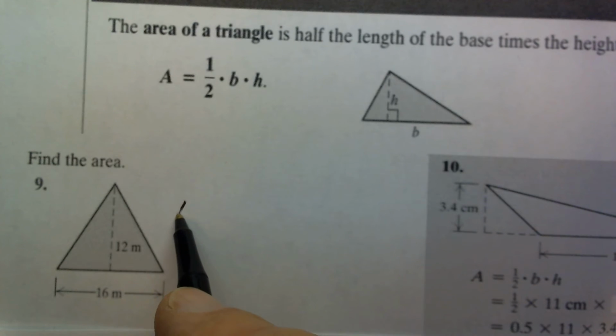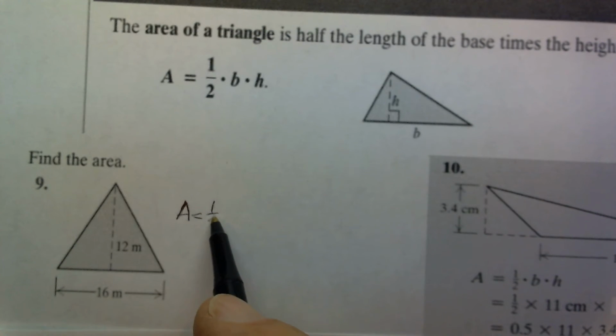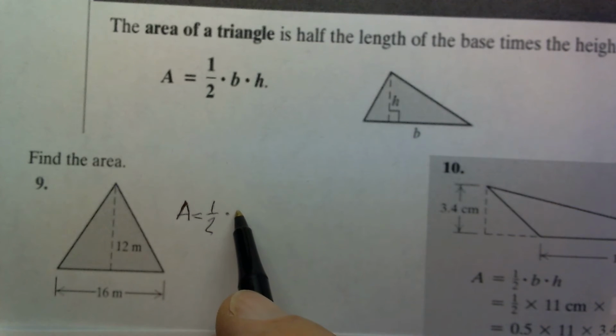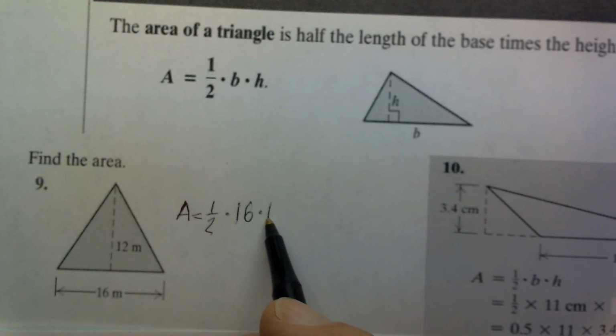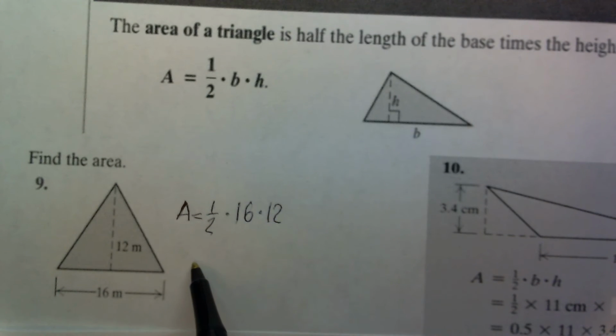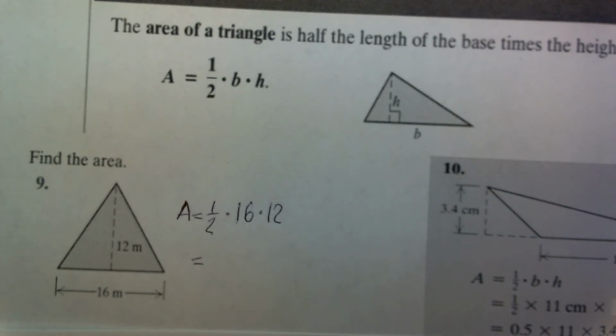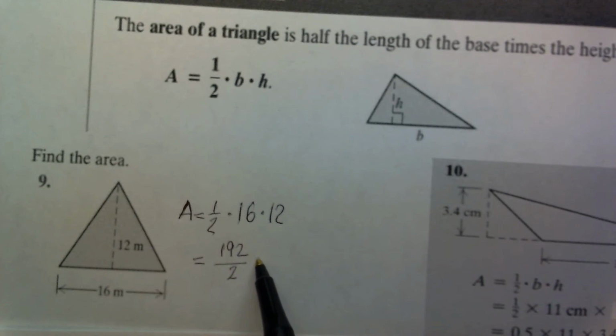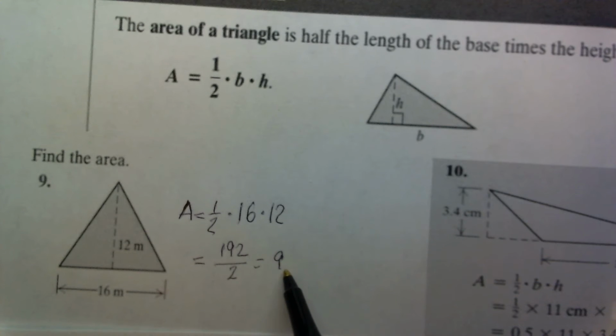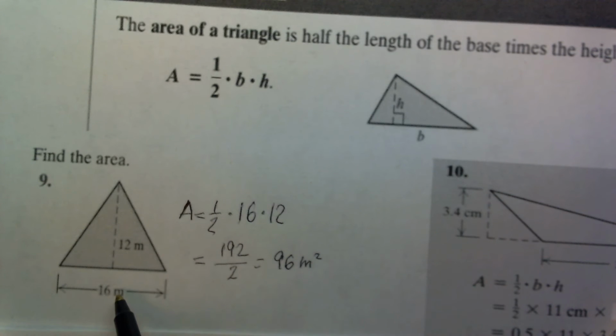Therefore, the area is equal to 1/2 the base times 16 times 12, so it's 192 divided by 2. 16 times 12 is 192, divided by 2, and that is equal to 96 square meters, because the base and the height are given in terms of meters.